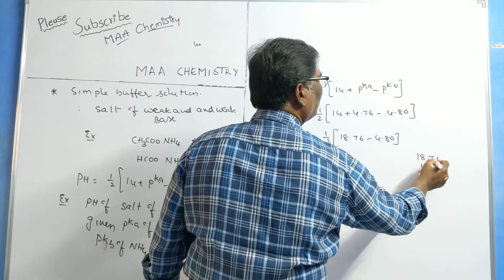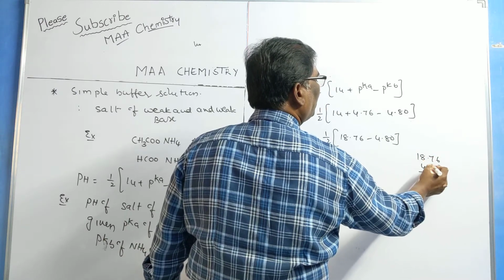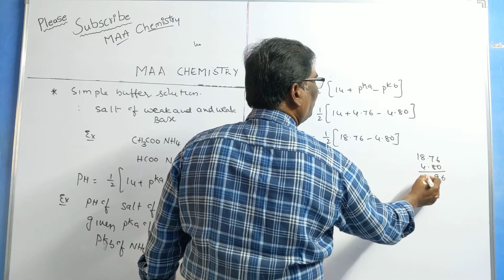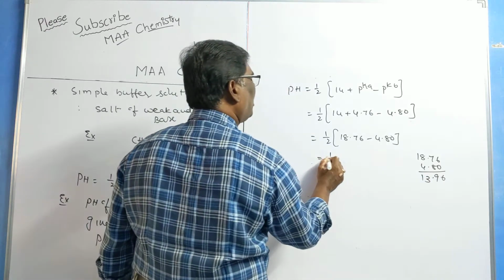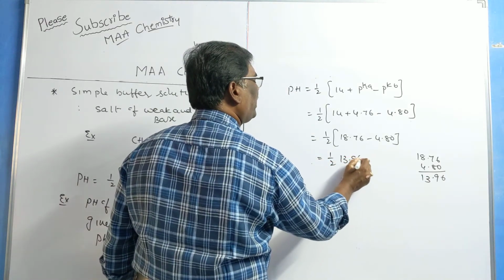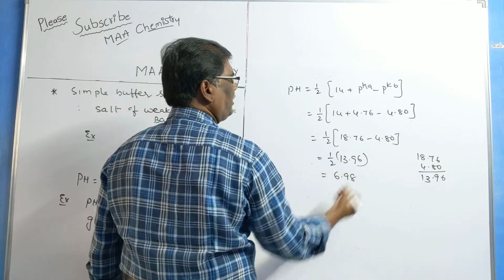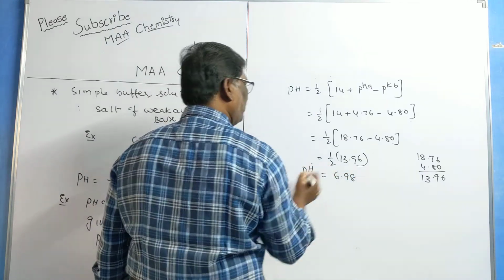Now do the subtraction, 18.76 minus 4.80. So 6 here. Now 17 minus 8 means 9. Here 7 minus 4 means 3. So we are getting 1/2 into 13.96. On simplification, we get 6.98. So from this value, we say what?